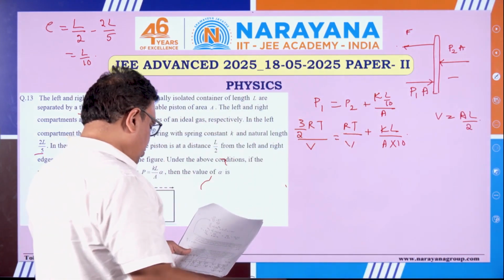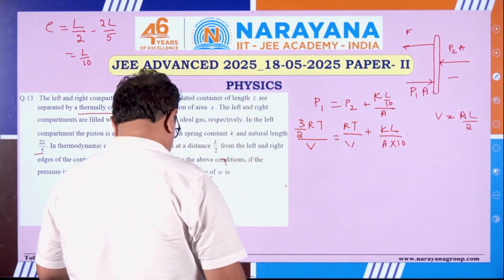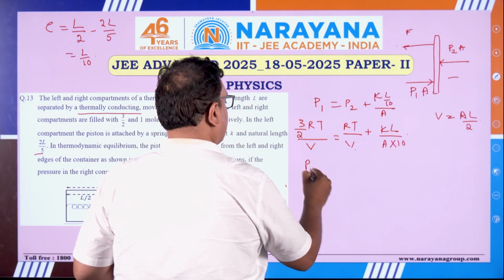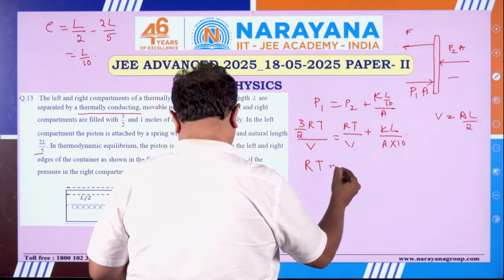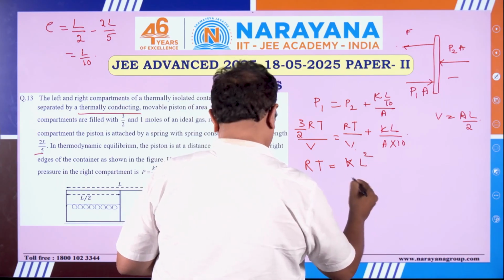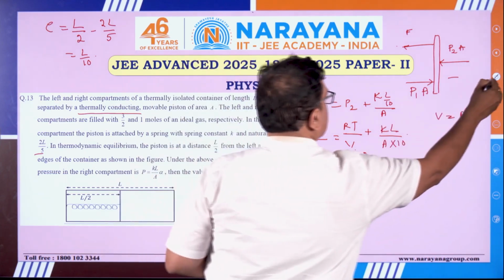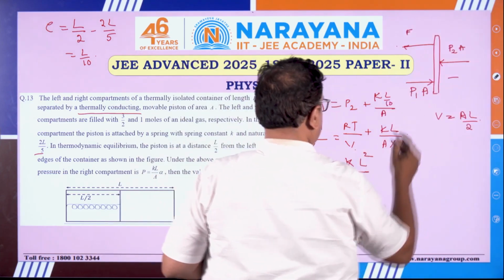By substituting all that, you will come across a condition that RT can be written as KL square by 10.